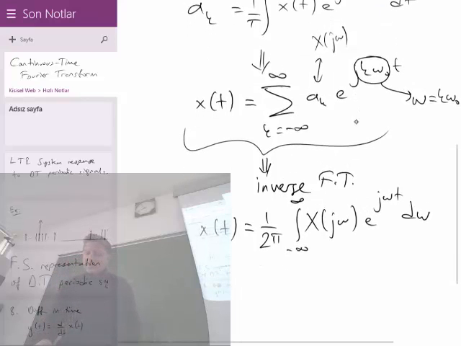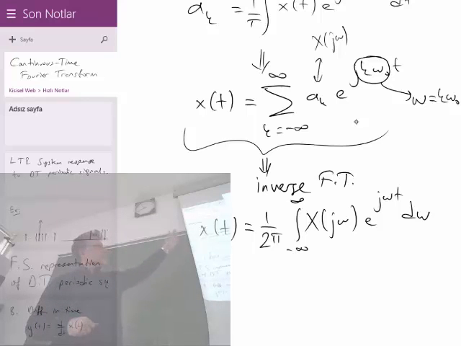It is x of j omega, and it's not the summation, but it's an integral. So if you closely inspect the two, you will see the similarity, and in the book there is a derivation from the top to the bottom to find the inverse Fourier transform formula. I'm advising you this for the curiosity. You may just be interested in that.